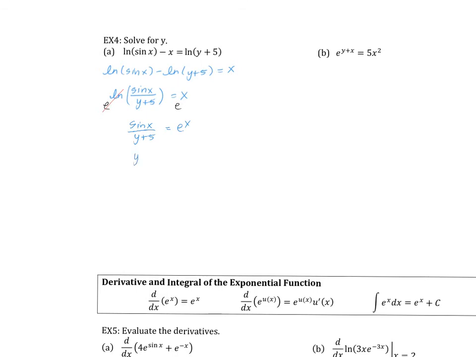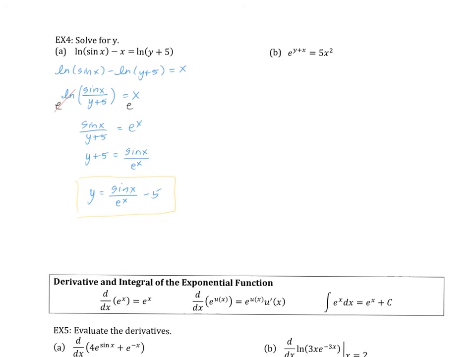So now we have y plus 5 is equal to sine of x over e to the x. And if we subtract 5 from both sides, we are done. And I've solved this for y. I do not require you to combine those, but you can if you wish.